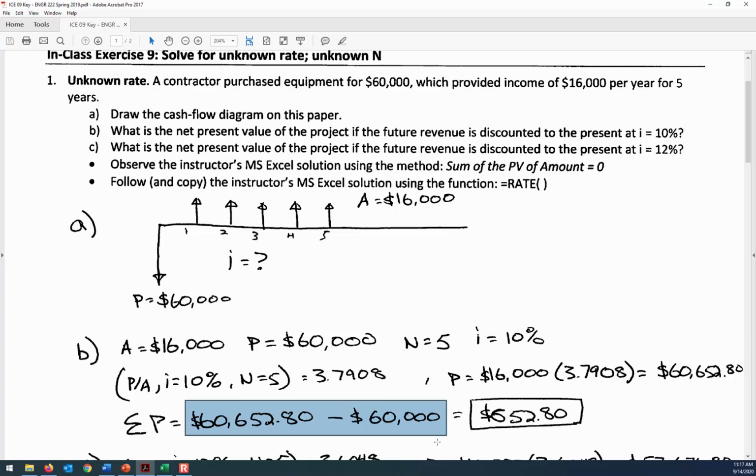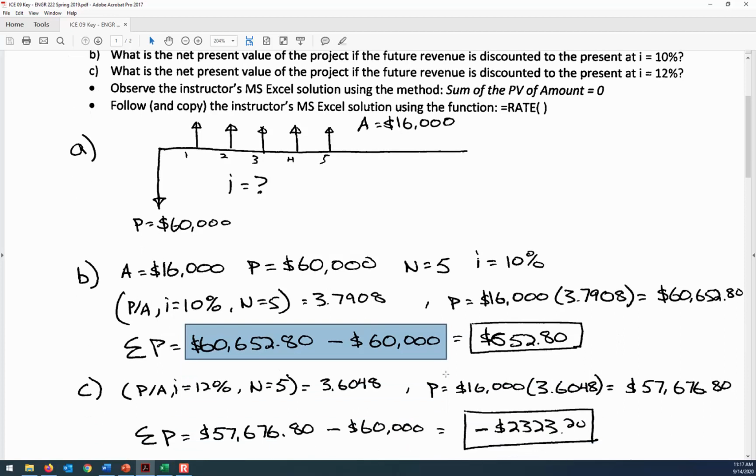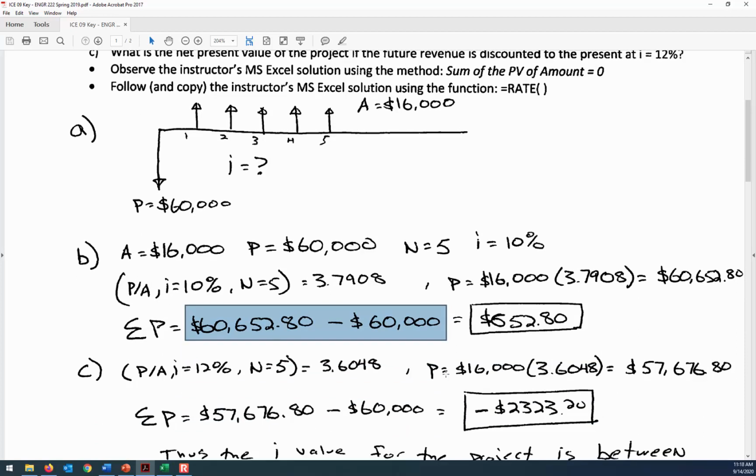All right, and let's see, the part B, that's good. Yes, you've got it there, the part B. So here's the part B. So if we're discounting the future revenues at 10%, what that means is that we have a positive profit. If it's being discounted at 12%, then the profit is negative.